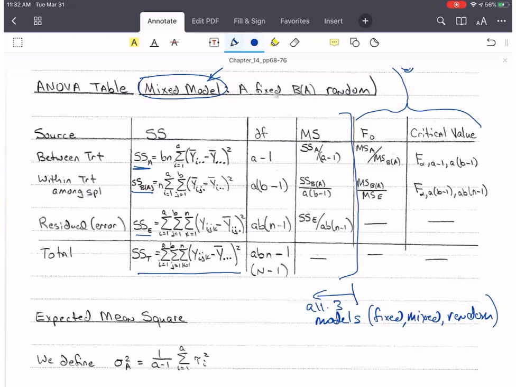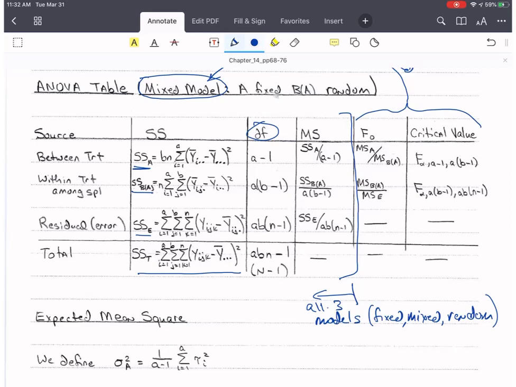Okay. The same thing for the degrees of freedom. We have A minus 1. And then within a treatment, but among the samples, we have A times B minus 1. So there's B minus 1 within each tree, and then there's A treatments, so that's our degrees of freedom.